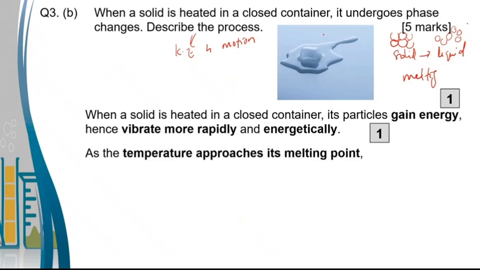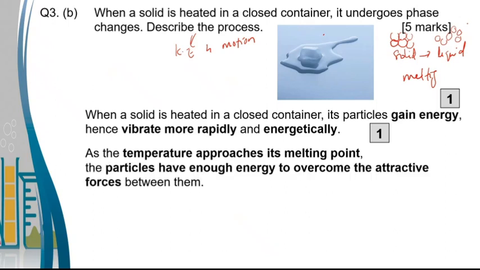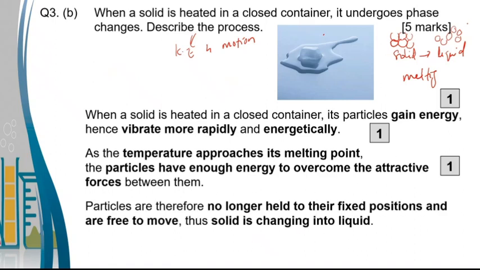As temperature approaches its melting point, the particles have enough energy to overcome the attractive forces between them. Therefore, particles are no longer held to their fixed position, and they are able to move more freely. Thus, solid is changing into liquid.